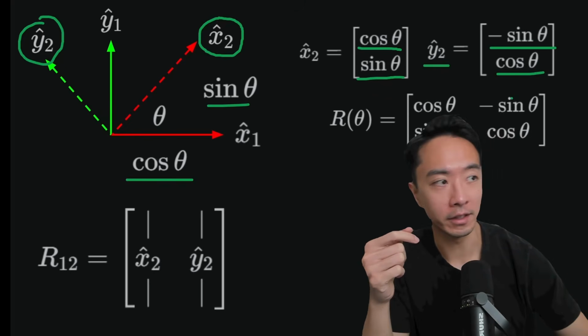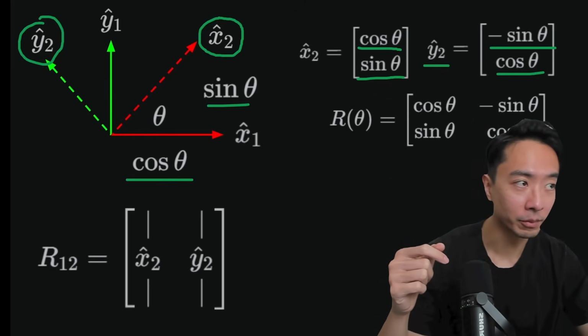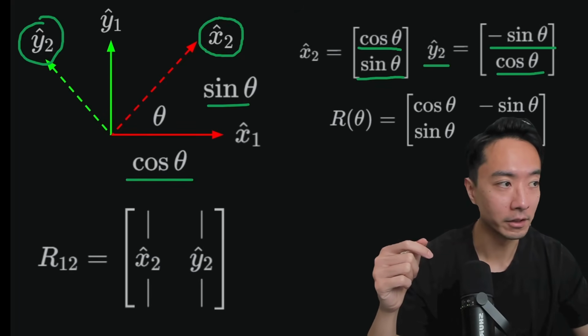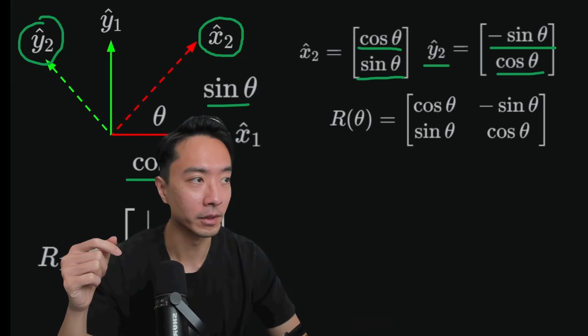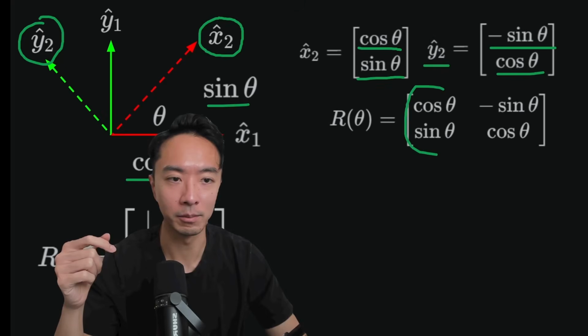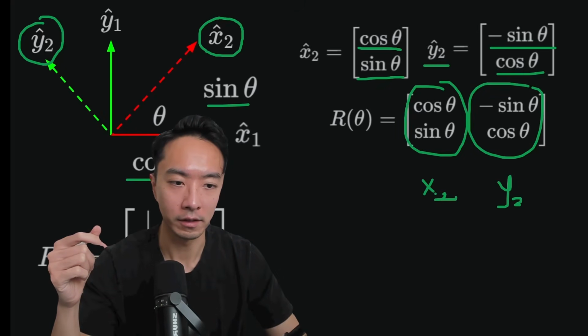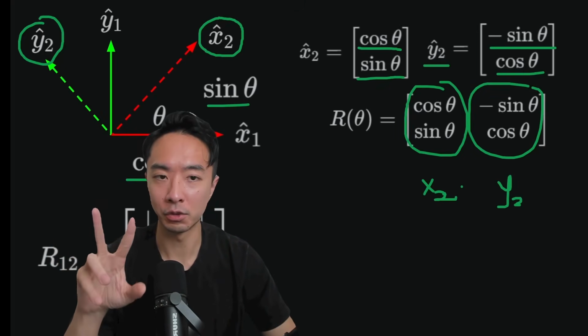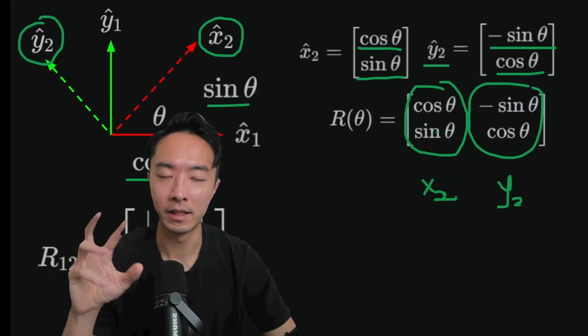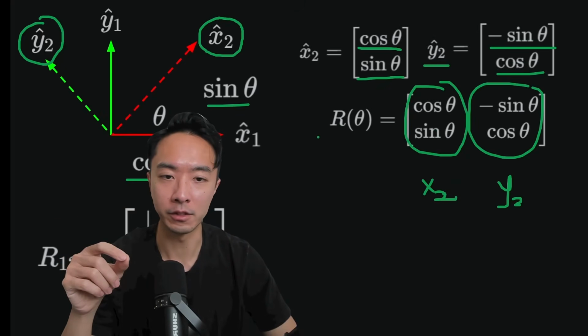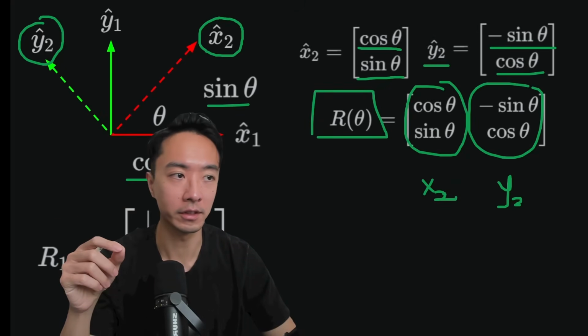So when we put it all together, you can see this is the x2, and then this right here is going to be my y2. Okay, so these are my 2 axes represented in a matrix form, and this is what we call the rotation matrix.